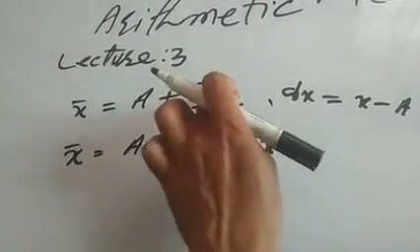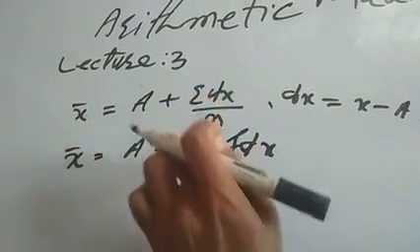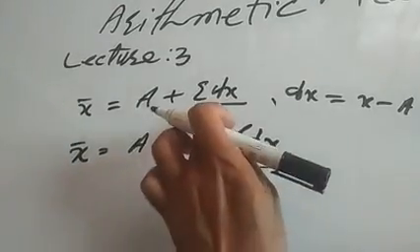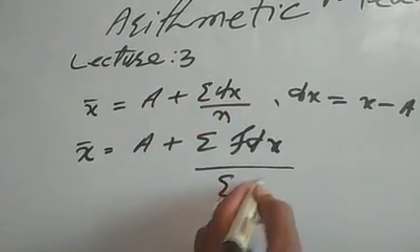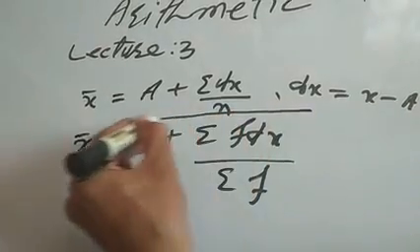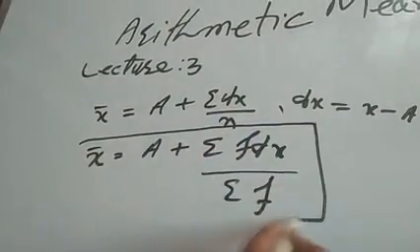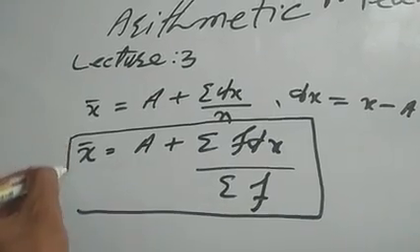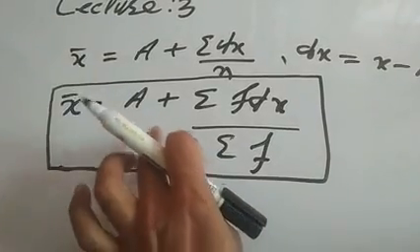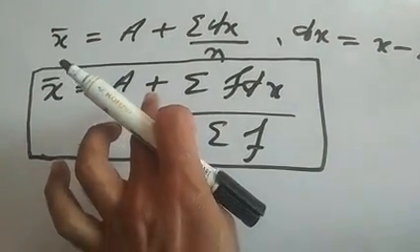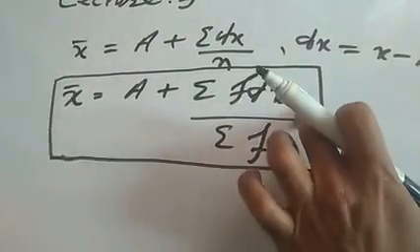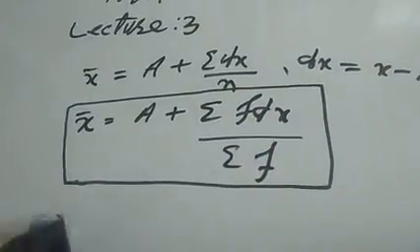You multiply the deviation column by frequency and find the sum of that column, divided by summation f instead of n. You use this formula for both discrete as well as continuous series, and this is also the shortcut method, or assumed mean method.